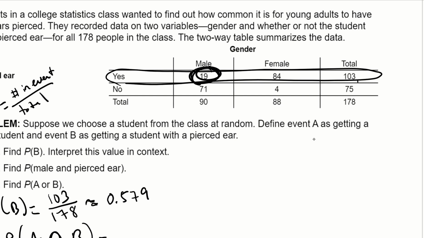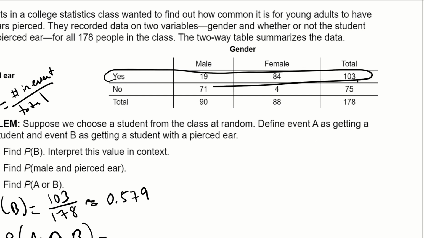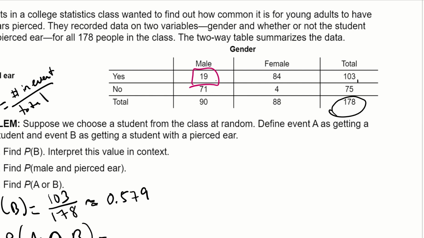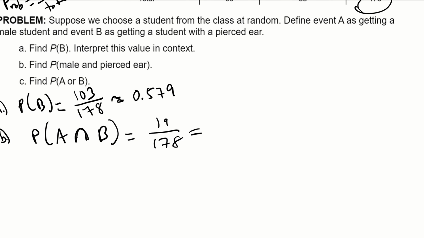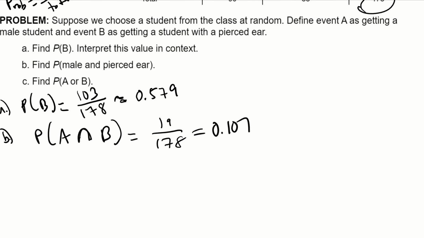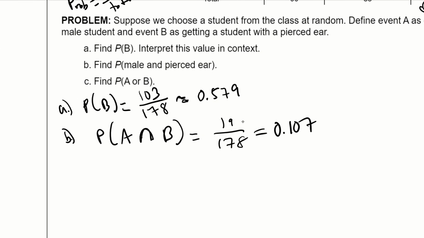So if I were to do a Venn diagram, one circle would be pierced ear. One circle would be male. What do they have in common? Well, they have the 19 in common, so male and pierced ear. So we're looking at 19 that satisfy that out of the total of 178. Okay, so this is 19 out of 178. So we got 0.107 or 10.7%.